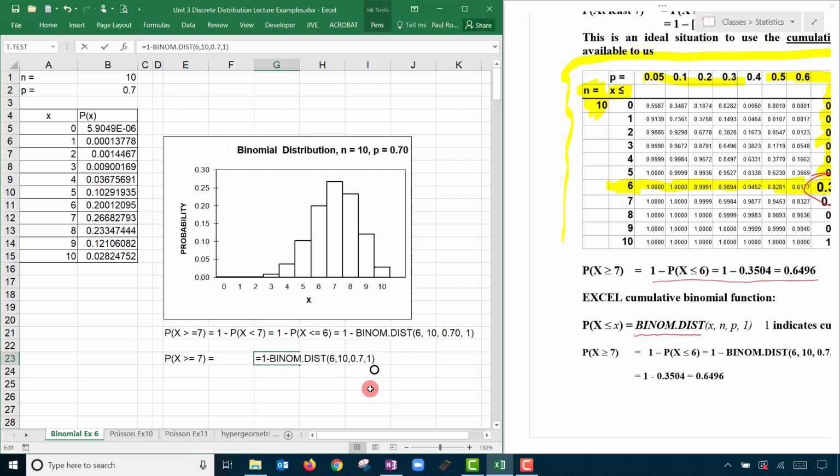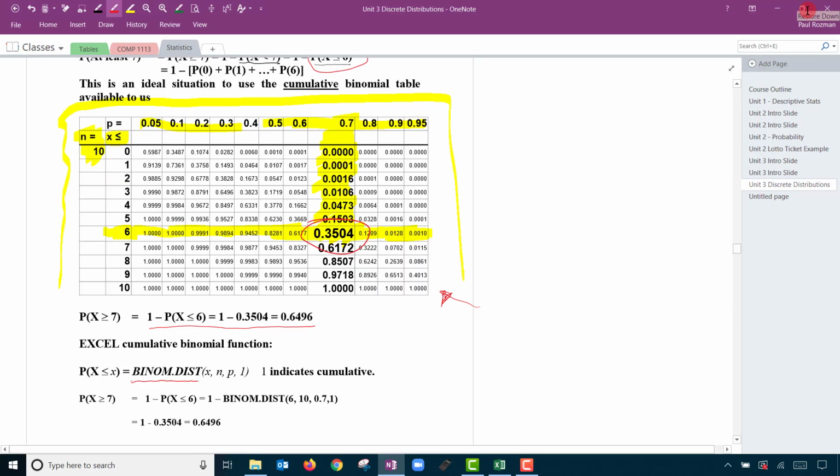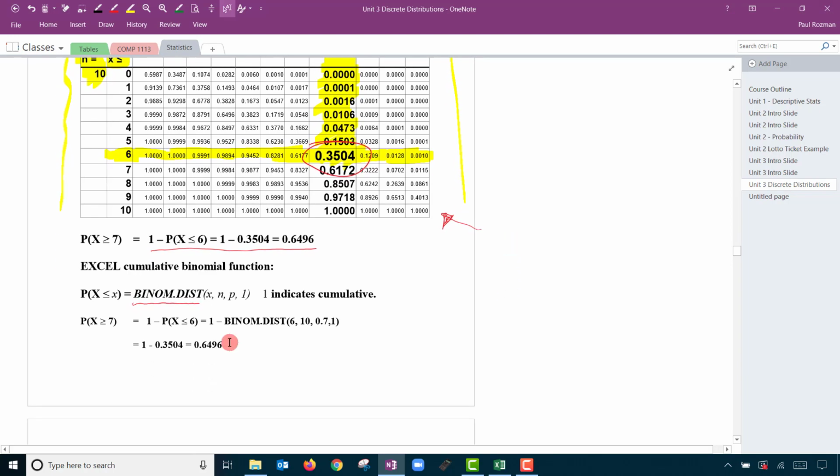We'll see that a bunch. There are formulas in Excel that have that little flag on the end for a specific case and then the cumulative case. So I think we can go back to our lecture now. And we saw that we matched this value.